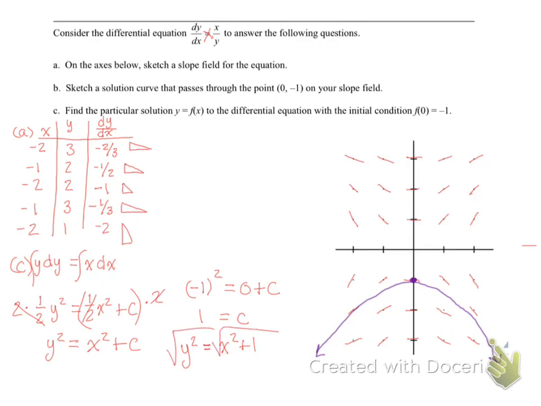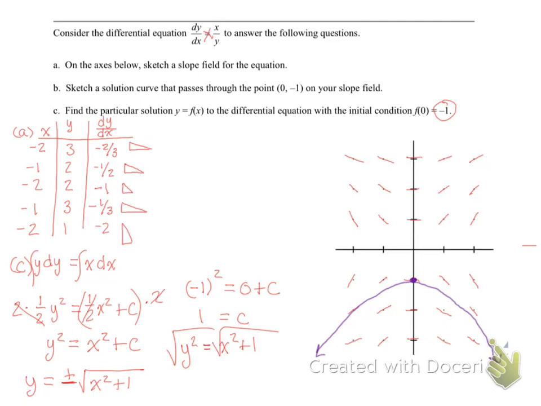Now we can take the square root. y equals plus or minus the square root of x squared plus 1. You have to use the initial condition to check whether it's plus or minus. Here's some food for thought: if your initial condition has y negative and you're taking the square root, you have to have a negative in front of the square root in order for that to make sense.